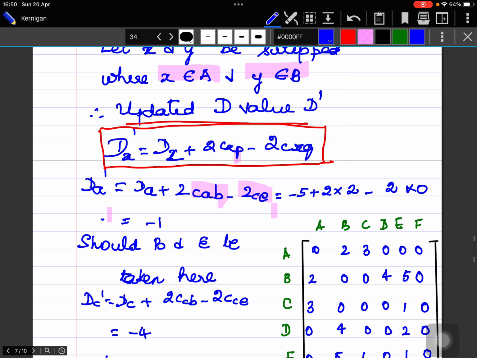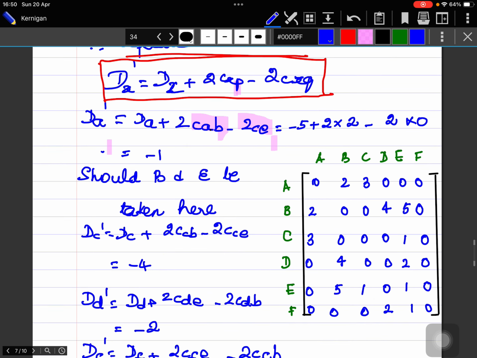So when you substitute the values, dA we have found out, and CAB you can take from the adjacency matrix, which I have taken again. What is CAB? A and B, that is 2.